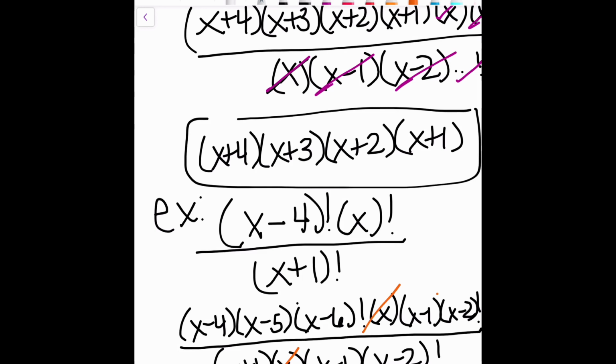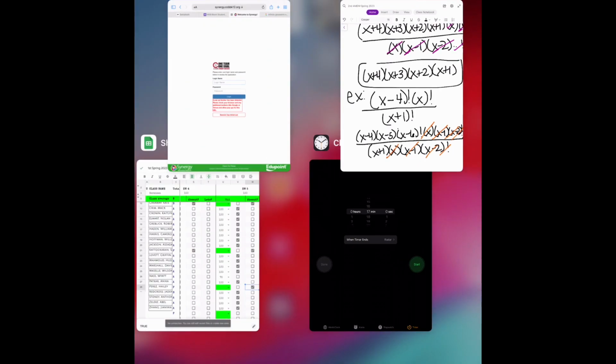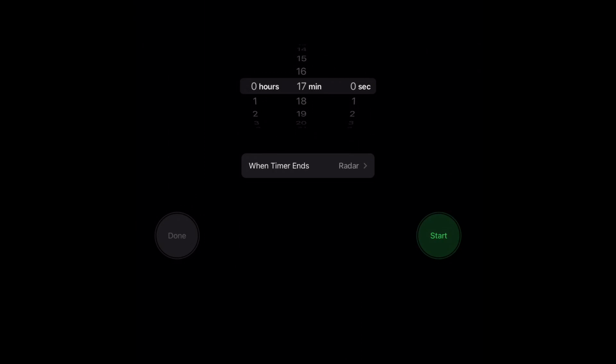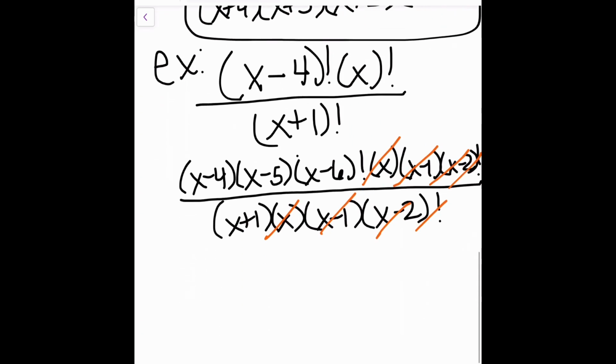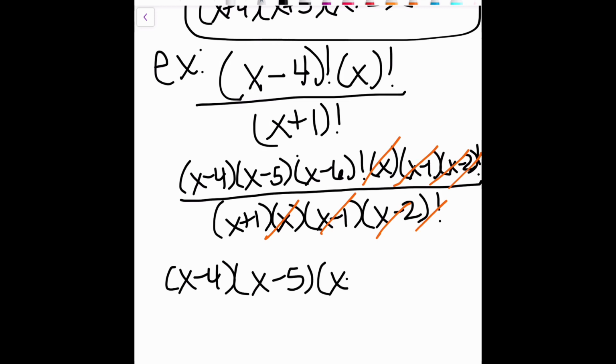That'd be x minus 1, x minus 2, all of those. And then I also have x plus 1 in my denominator. So this would become x minus 4 times x minus 5 times x minus 6 all over x plus 1.